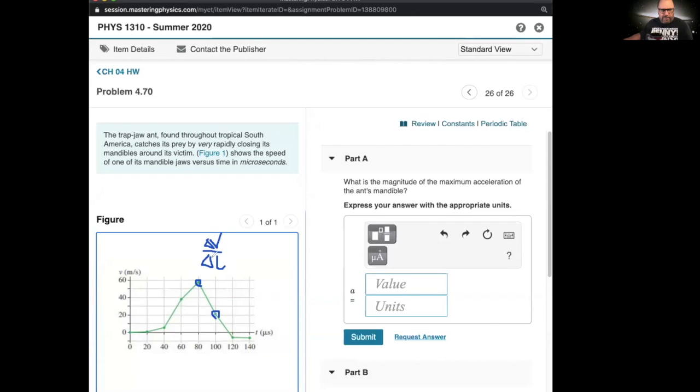Delta V over delta T is going to equal my acceleration. So we can have V1 minus V2 divided by T1 minus T2.